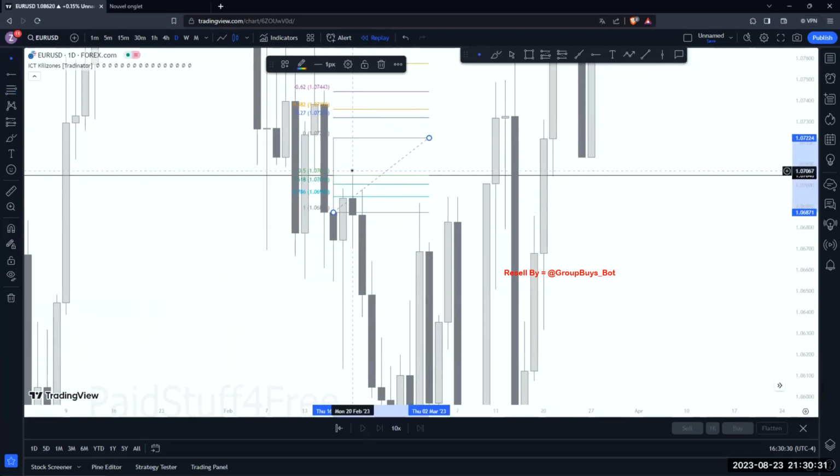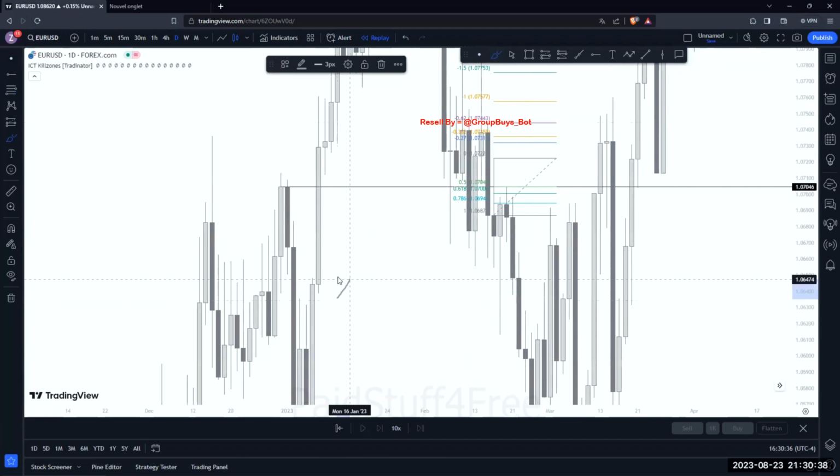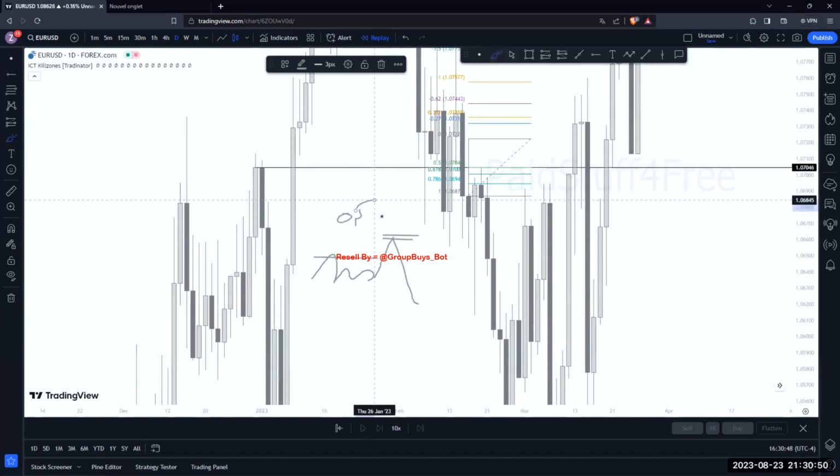This is my first CE entry, February 2023. I used the Asian range, went above, sell, right? HNS CE, and I'm not gonna say how much R, it's going to sound insane, but I had like a 0.5 pip stop loss.